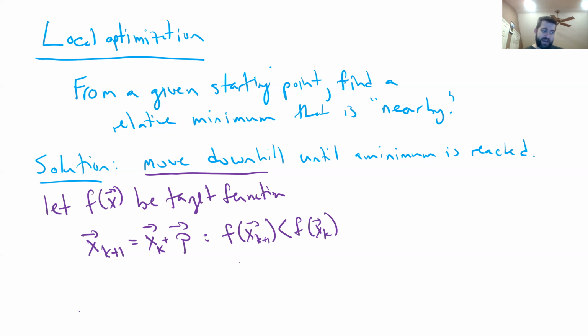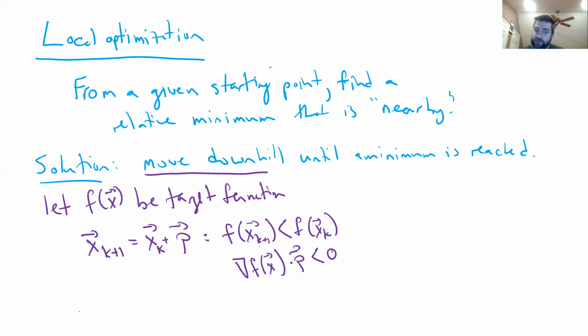Another way of defining that is by using the directional derivative. The directional derivative says, let's take the dot product of the gradient of the function at x with the step.